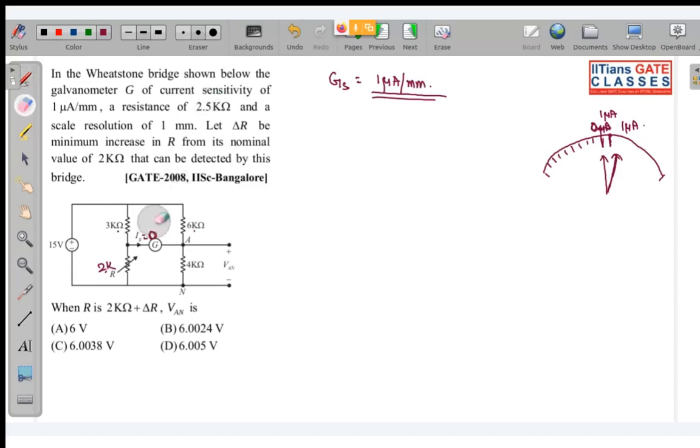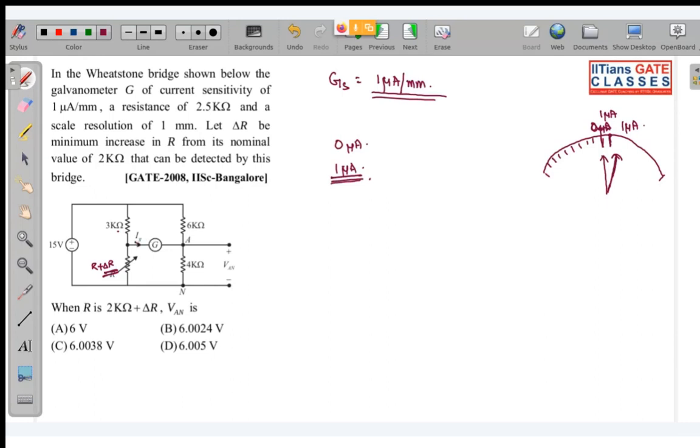But the moment a nominal minimum change in R is made, R plus del R, that is the minimum current this galvanometer can detect. Initially it was 0 microampere, next it will be 1 microampere. So this 1 microampere is the current due to this unbalancing factor del R. Is this clear now? Yes, sir. So we have to find this value of del R.